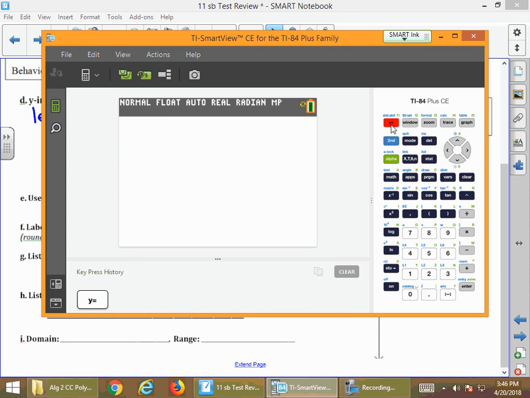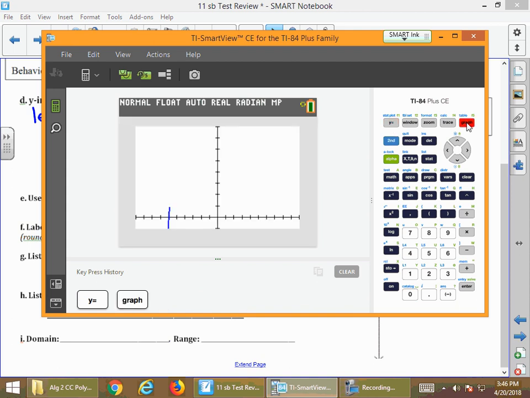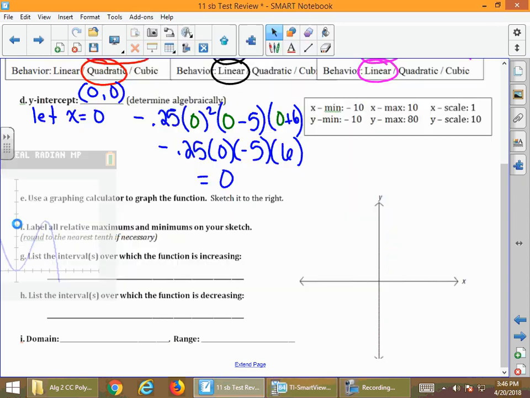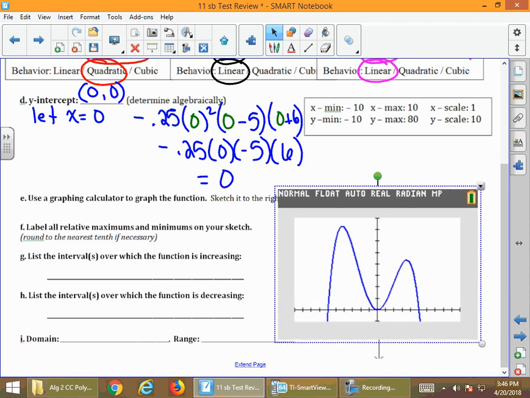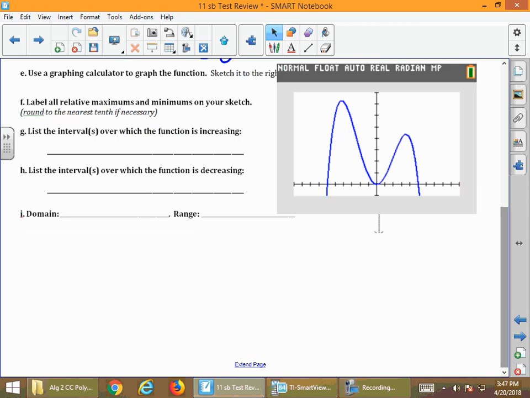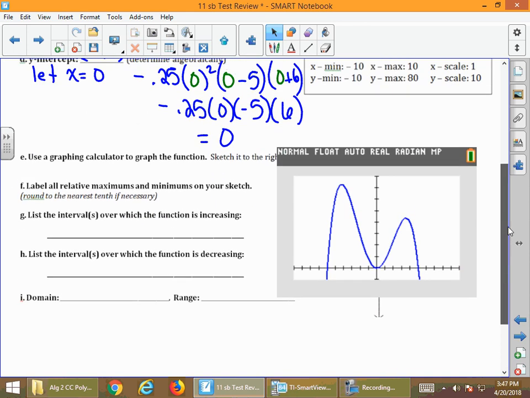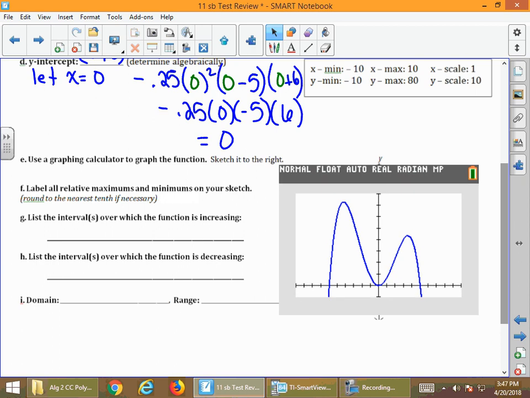And now that we've got the equation typed into our function and we've got our window in here, let's draw the picture. And I'm going to scan that into here. So here's what our picture looks like. What we were just talking about is that the y-intercept is 0, 0.